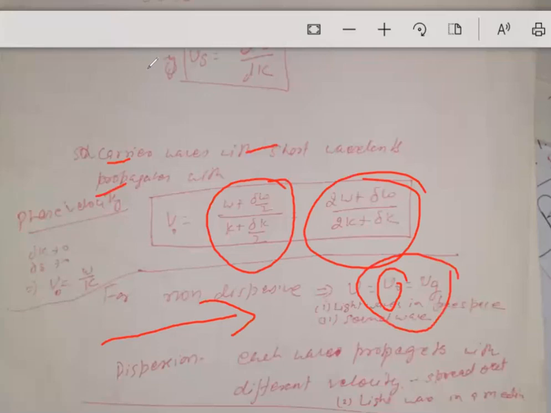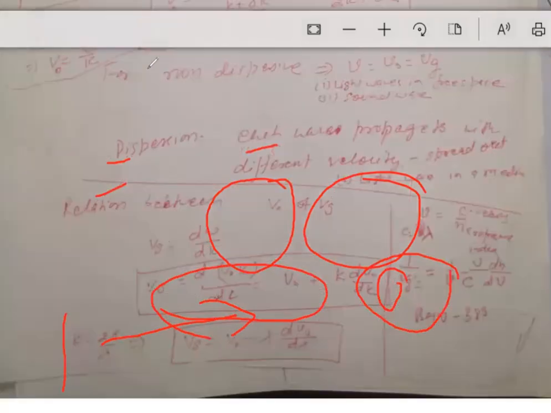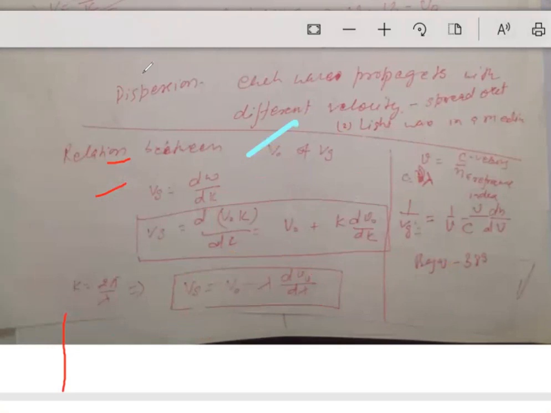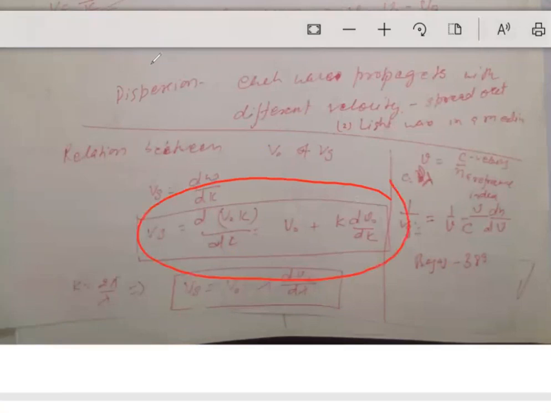But when the group velocity is not equal to the phase velocity, then it is called a dispersive wave.